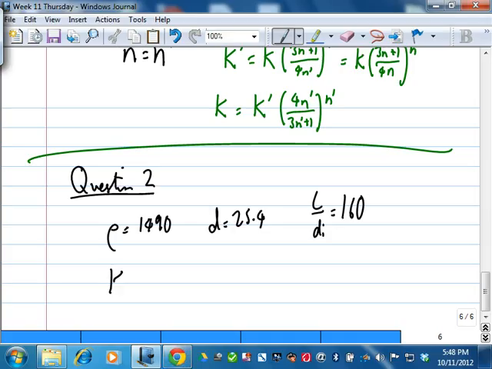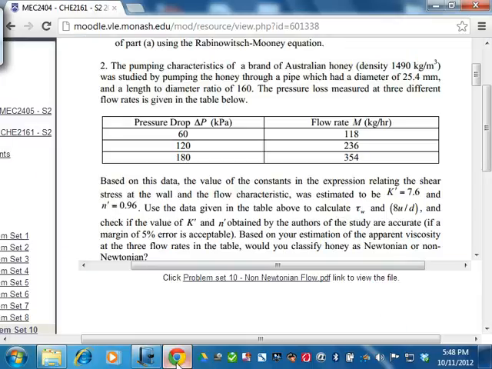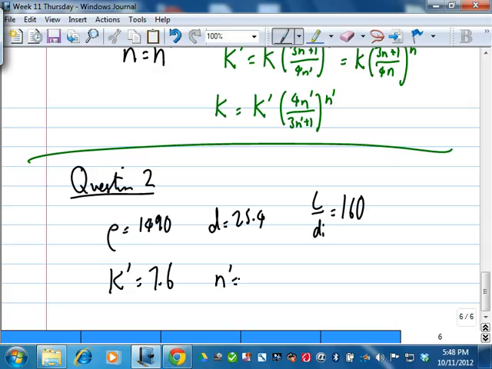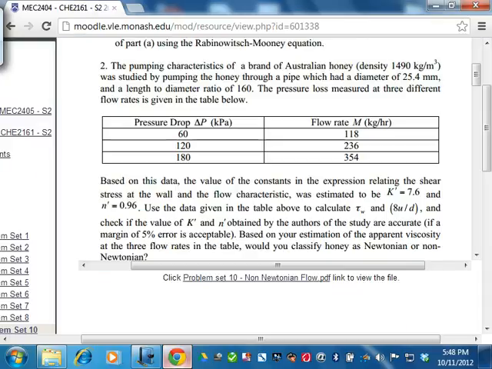K prime is 7.6 and n prime is 0.96. Alright, so it's not very easy.